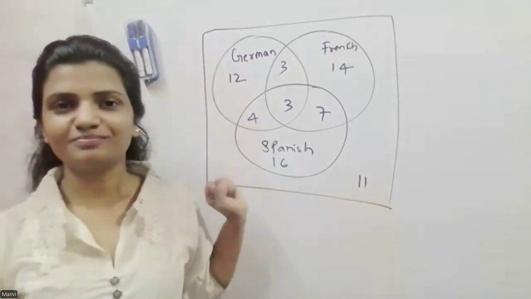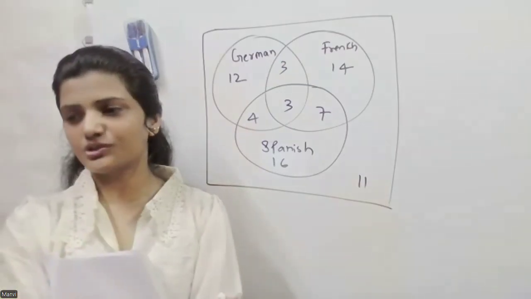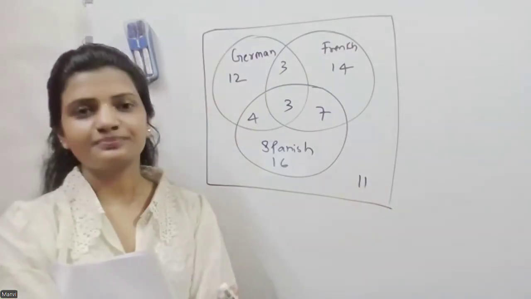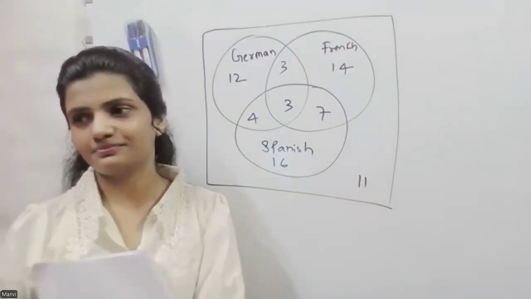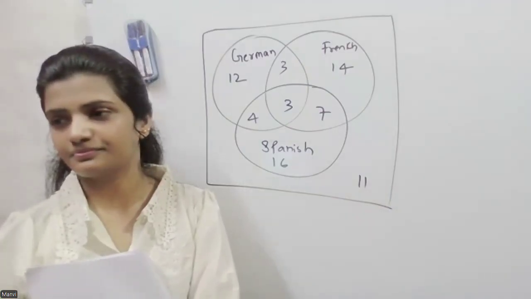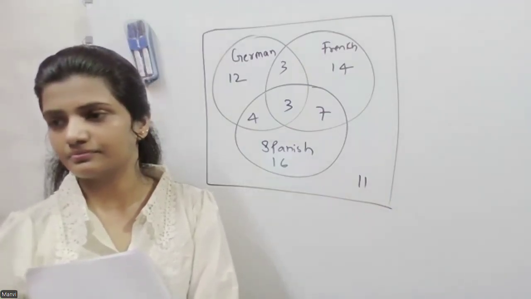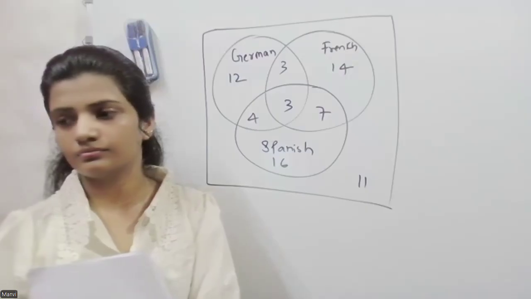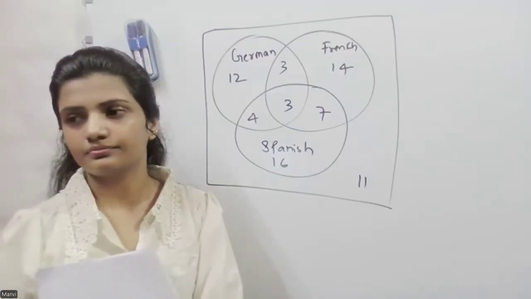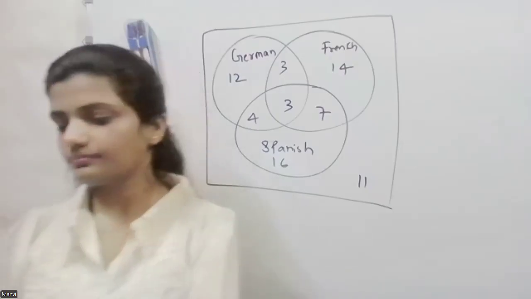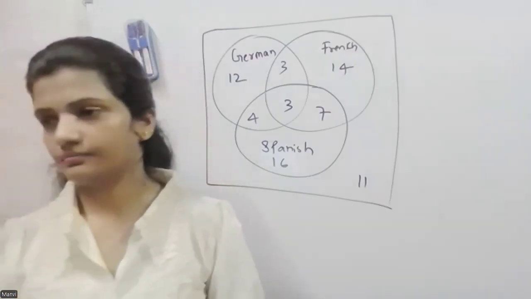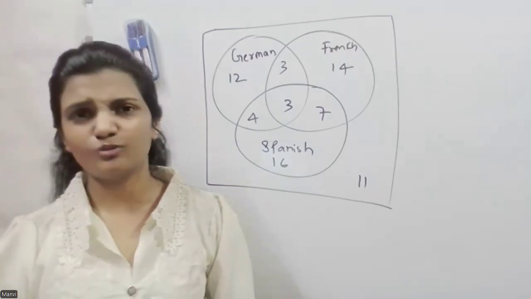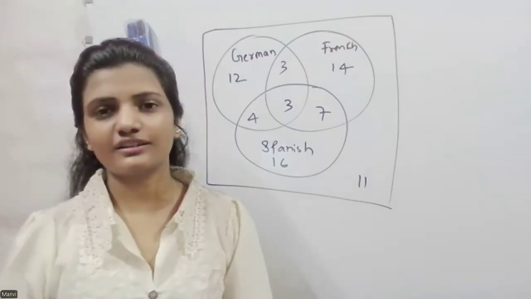Is it okay to you? Yeah, I can understand that. The first question: find the total number of students. I think 63. No, I'll count again, I think you forgot any.